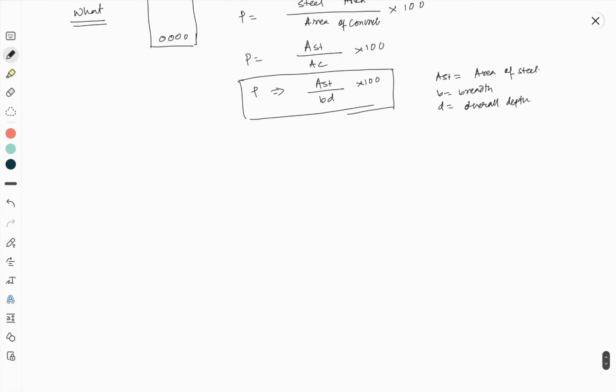So from here we can write B n square by 2 equal to mAST (D minus N). From here we can write AST equal to B by 2m, n square by (D minus N).